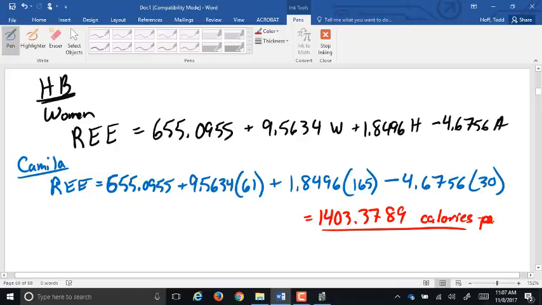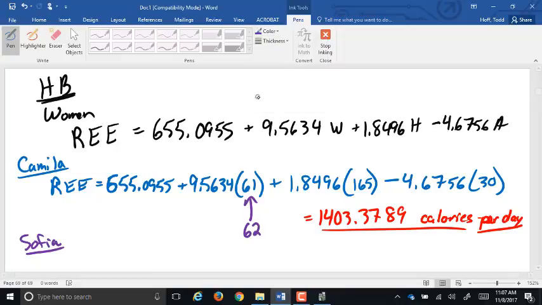Now, rather than doing this whole formula again for Sophia, let's take a look at it. For Sophia, what's the only difference? Yeah, her weight is 62 instead of 61. Everything else is the same.